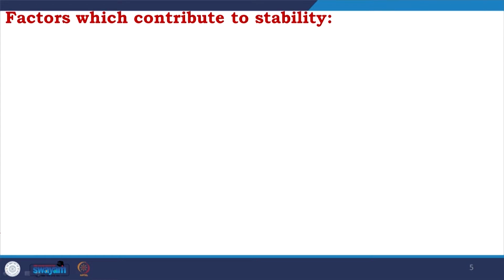So, now we are talking about factors which contribute to stability. As I talked about hydrophobicity, if you remember, we have discussed the 20 amino acids. In one of the previous modules, the 9th module on visualization, we talked about PyMOL.